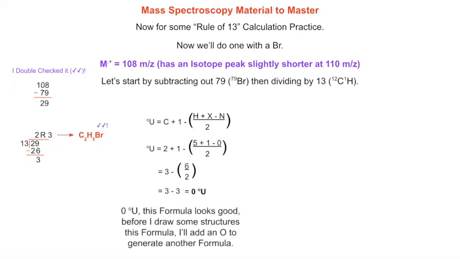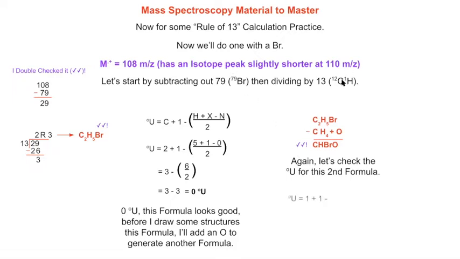Seems reasonable to me. And so now if I want, I can add in an oxygen. Why not? See if that works. I get CH2BrO, double check it, it works. This does weigh 108 as well. And then degrees of unsaturation, 1 degree of unsaturation. I think we can pull that off.